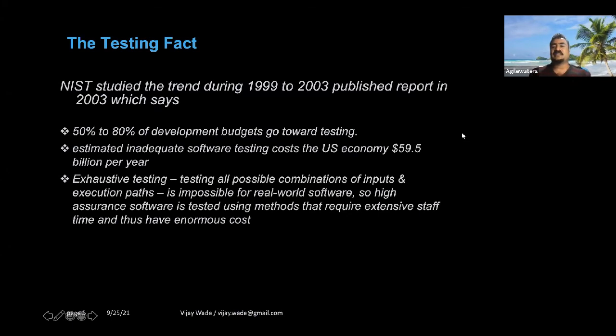Exhaustive testing of all possible combinations of inputs and execution paths is impossible for real-world software. So high-assurance software is tested using methods that require extensive staff time and thus have enormous cost.